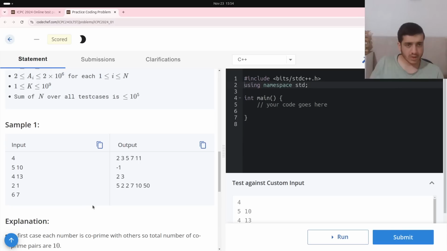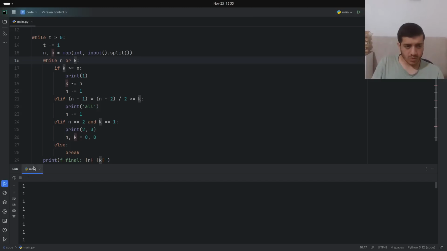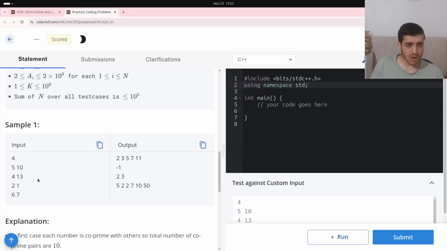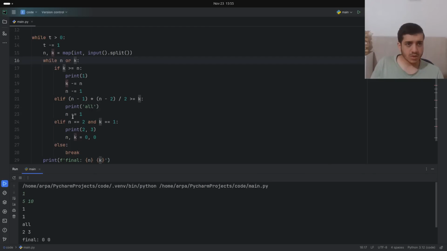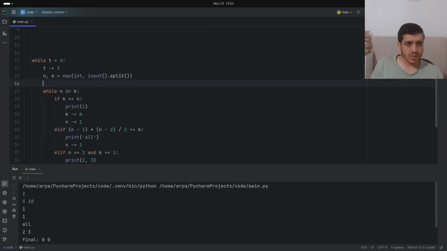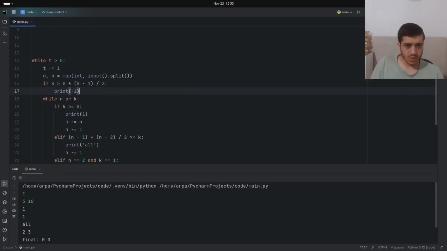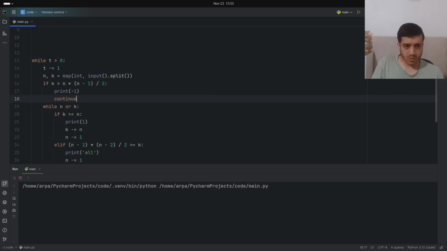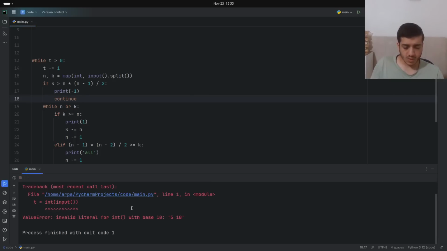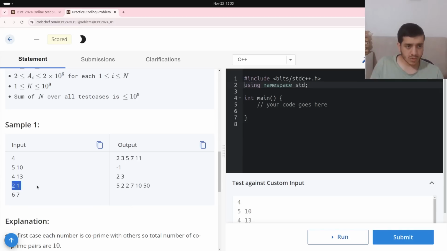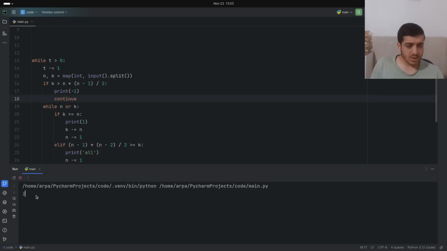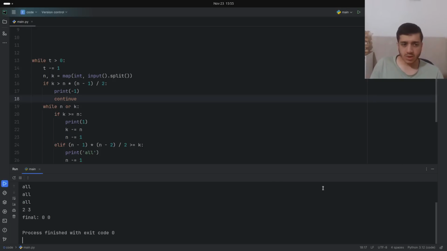What is this test case? This works for this one. This easy idea is working actually.